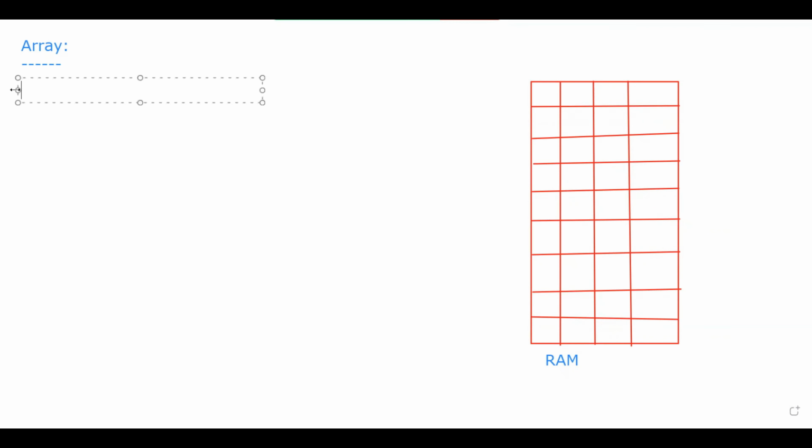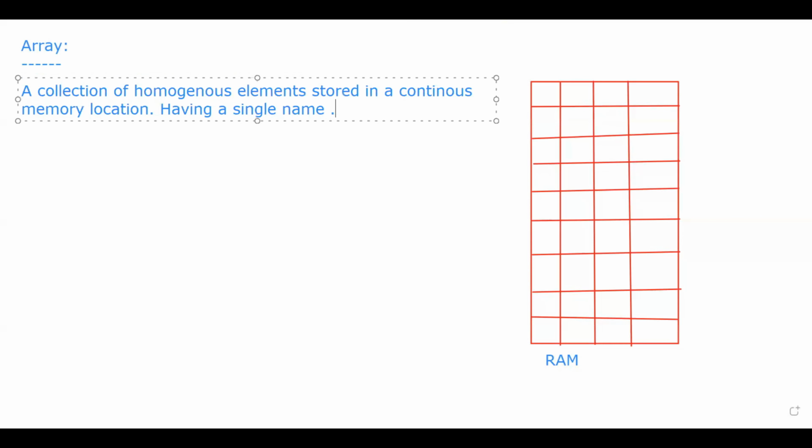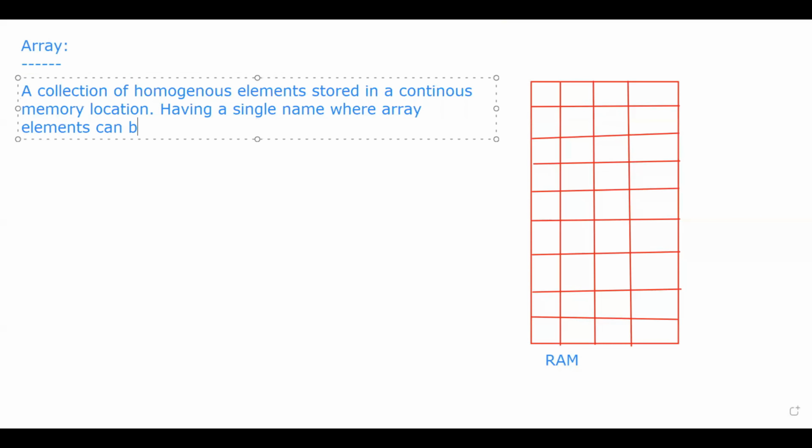In an interview, if they ask what an array is, we can give the definition: an array is nothing but a collection of homogeneous elements stored in a continuous memory location, having a single name, where array elements can be accessed by index values, where the index value starts from 0.